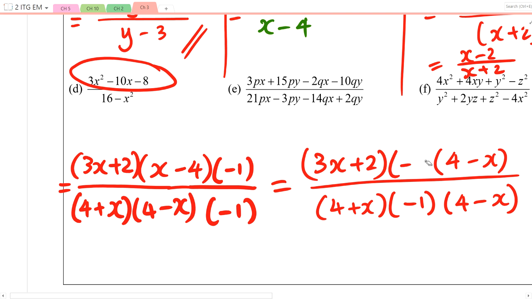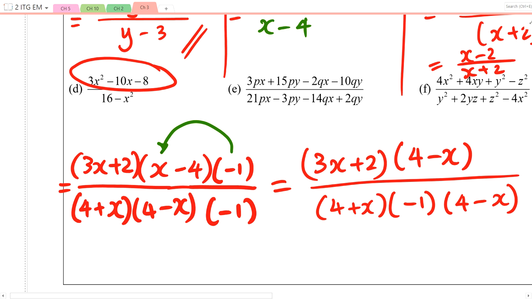No. This negative 1 disappears already. Sorry, I made a mistake. This becomes 4 minus x, yes, like that. Okay, because I multiply this negative 1 into this bracket. Right? So now it's time to cancel. My final answer.